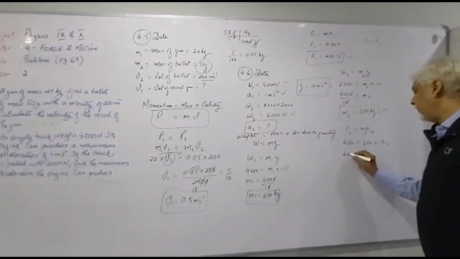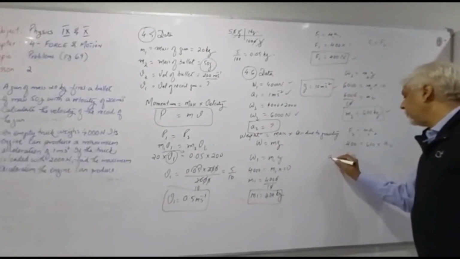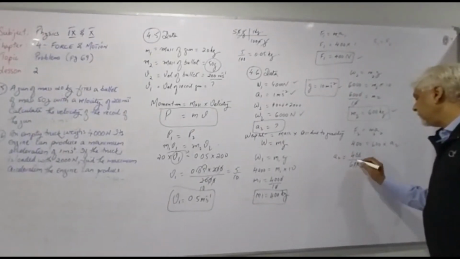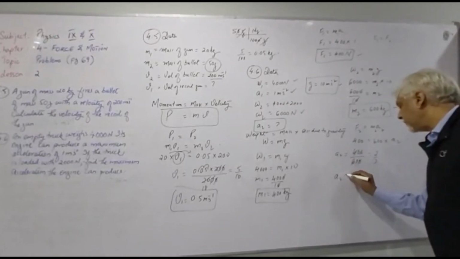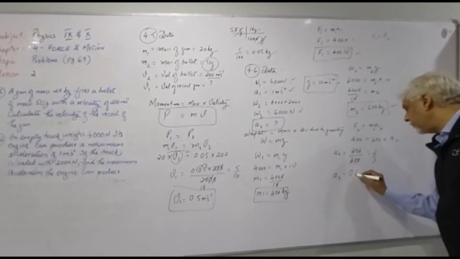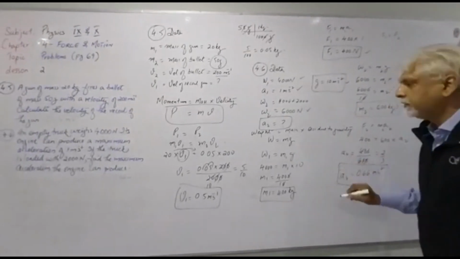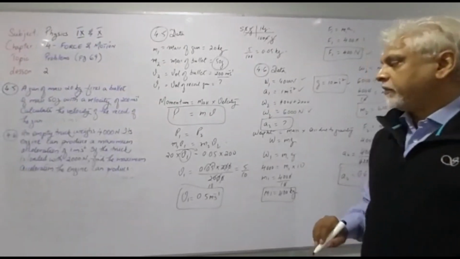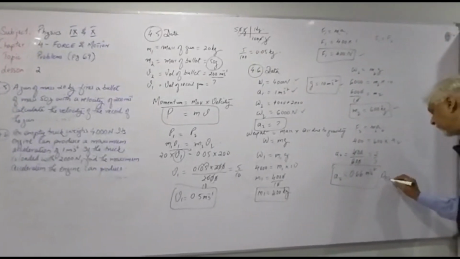So 400 divided by 600 would give you a2. 2 zeros will cancel, so it is 2 upon 3, and the acceleration will be 0.66 meters per second squared. So this is the acceleration of the engine that we can produce, 0.66 meters per second squared.